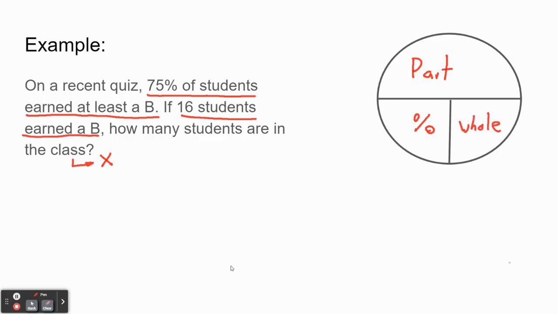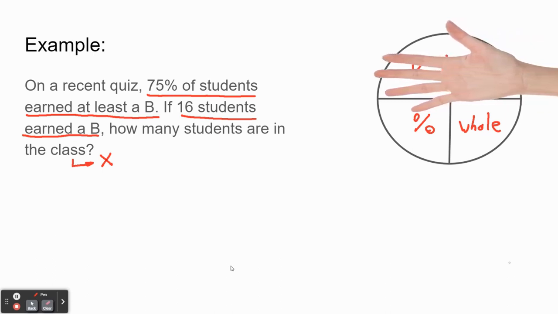This helps us figure out what operation we need to use. Whichever thing you want to find, you cover that up with your hand. For example, if we wanted to find the part, we'd cover that up and see that we have percent and whole next to each other. That means we would multiply them.